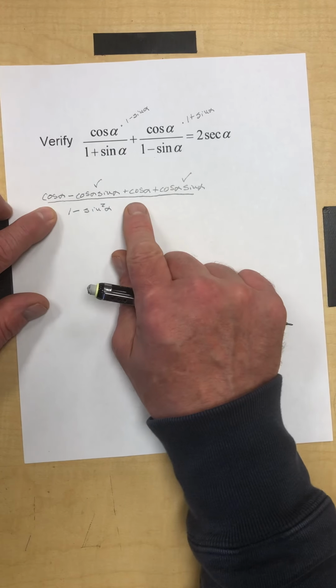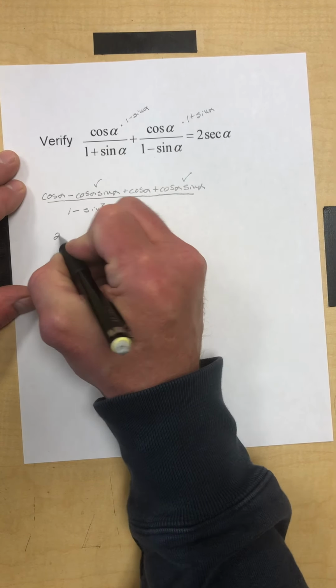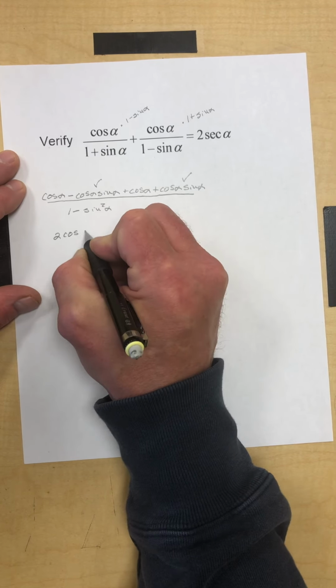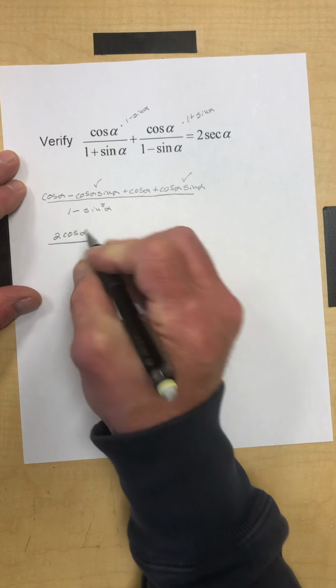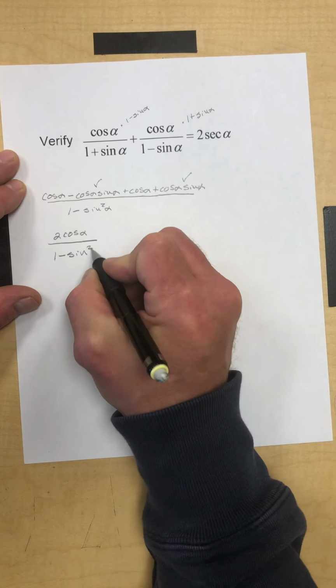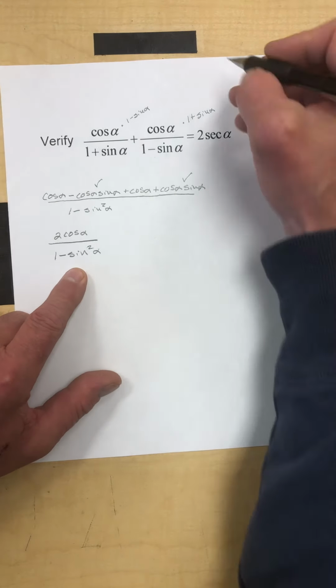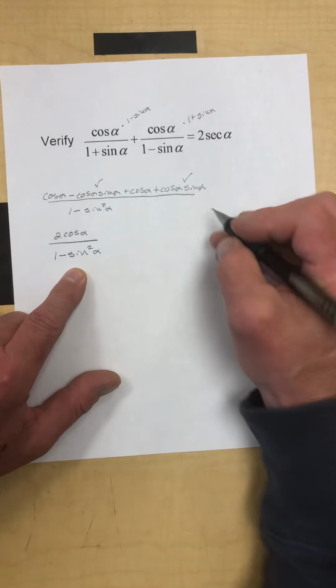And notice I can add these two guys. And that'll give me 2 cosine of alpha. Okay, so I have 2 cosine alpha all over 1 minus sine squared alpha. Okay, so I'm looking at this denominator here, and I am thinking, let's come down here.